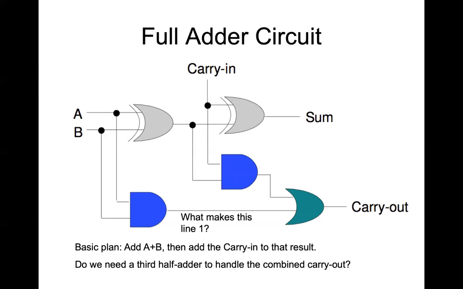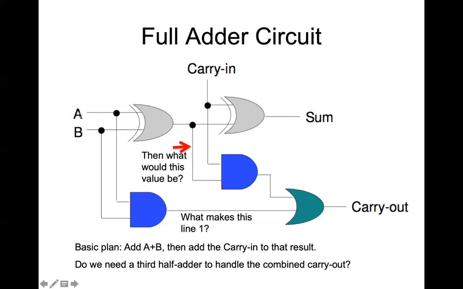So let's look at the case where this line is carrying a 1. What are the conditions that make this wire carry a 1? Well, this line can only carry a 1 when both A and B were true, because that's the only condition under which an AND gate outputs a 1. If this line is a 1, then the question is, what is this other line? It has to be 0 in that case.